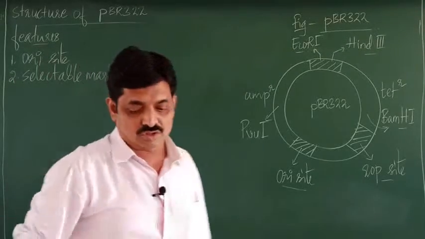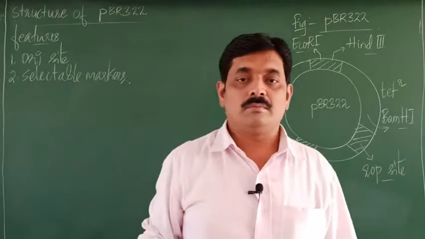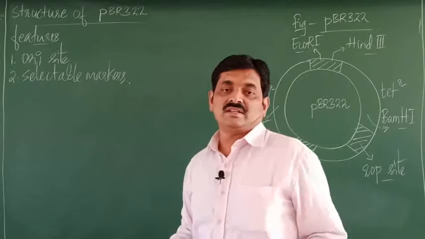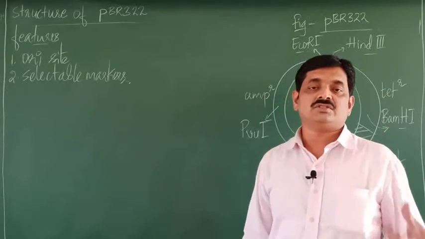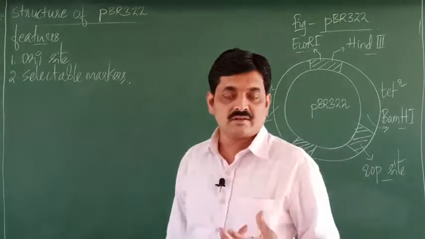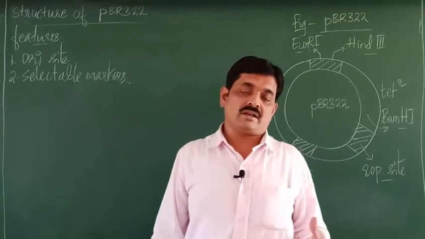Right. So the second feature is the selectable markers. So what are these selectable markers? Selectable markers are the genes encoding antibiotic resistance.